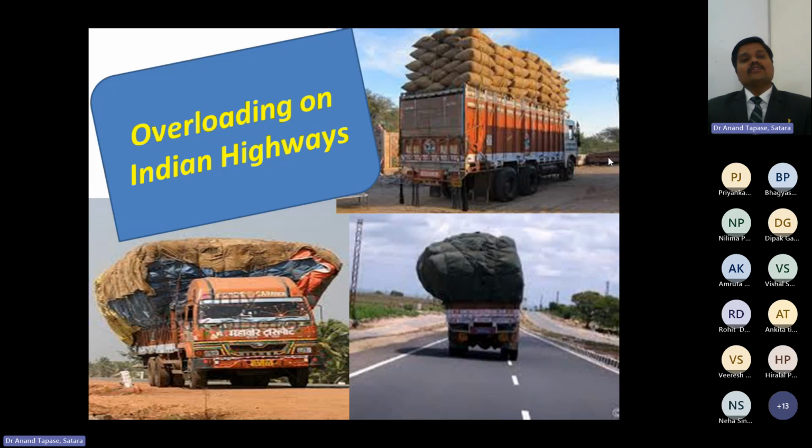So overloading is one of the parameters that has to be considered while designing the pavement. The Indian Roads Congress has already given certain parameters, and the traffic regulations are followed very strictly, but still in a number of places such incidents are visually observed.